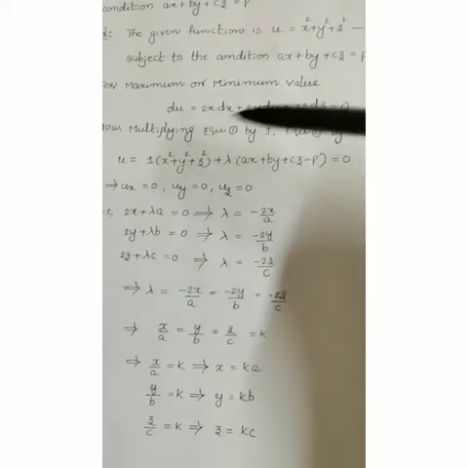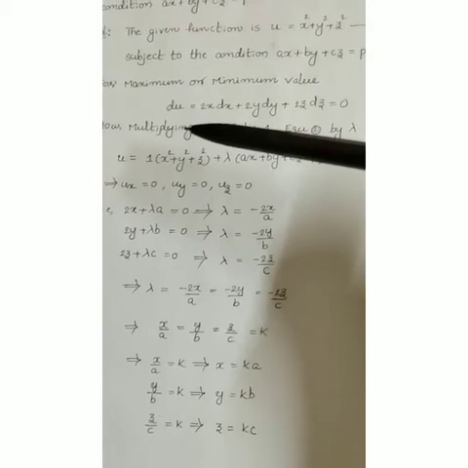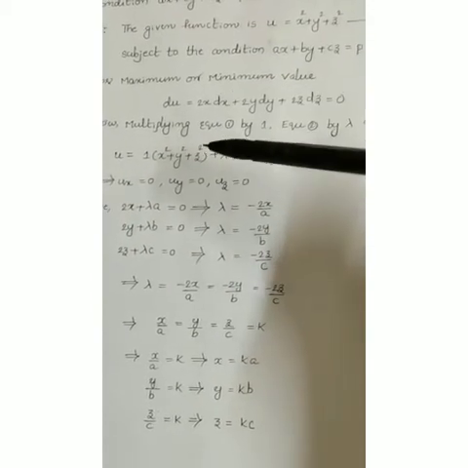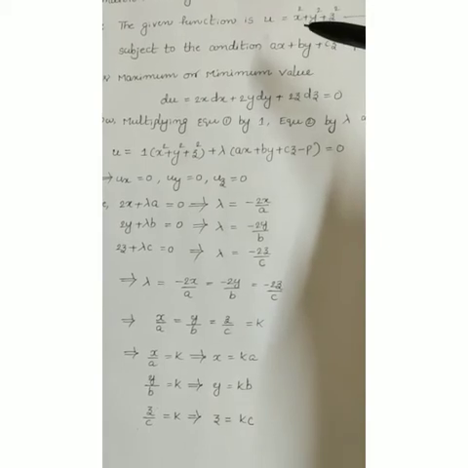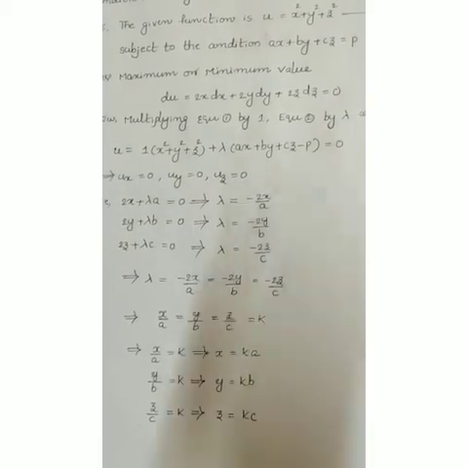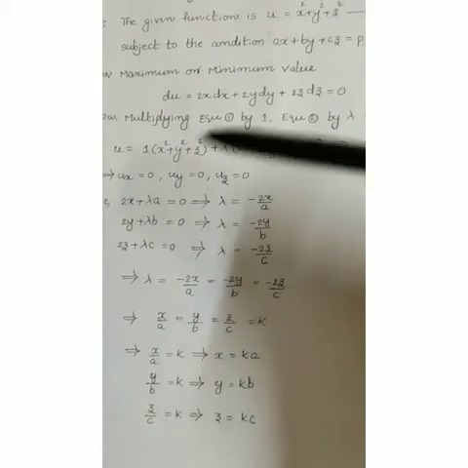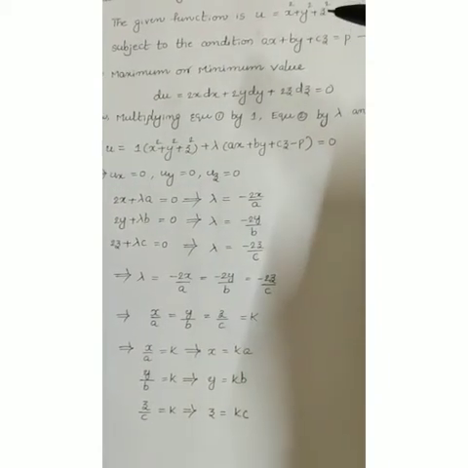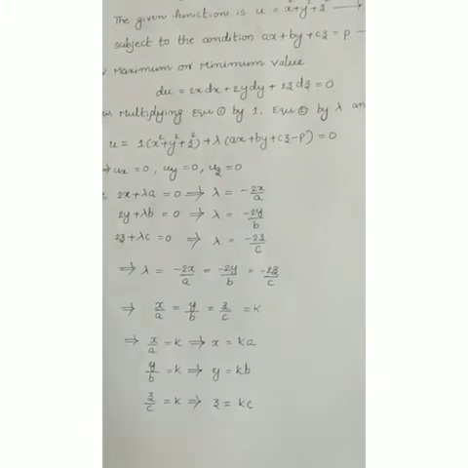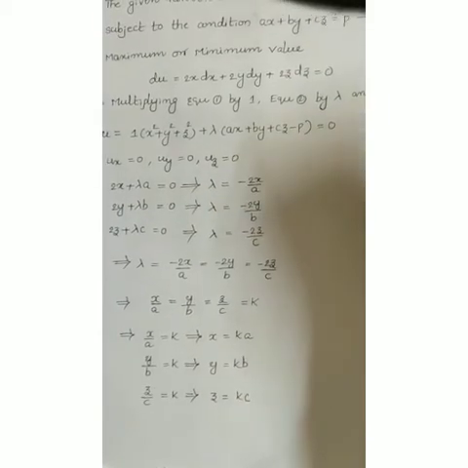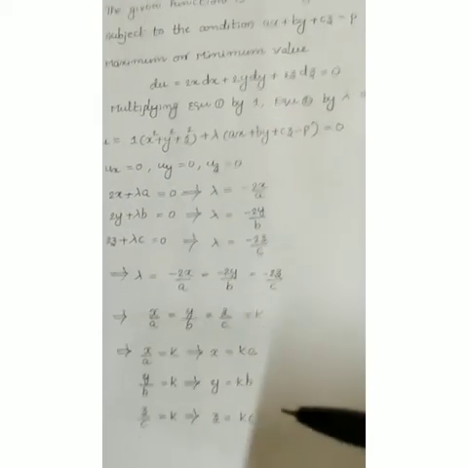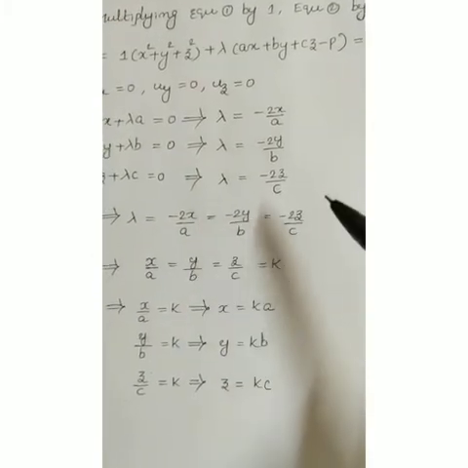So ux, differentiation of u with respect to x, is 2x plus lambda a equal to 0, and uy equal to 0, that is 2y plus lambda b equal to 0, and 2z plus lambda c equal to 0. Then lambda equal to minus 2x by a, lambda equal to minus 2y by b, lambda equal to minus 2z by c.